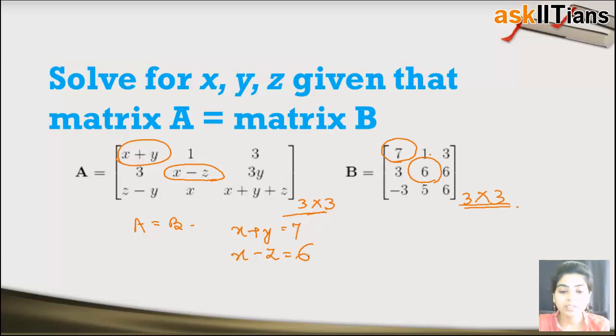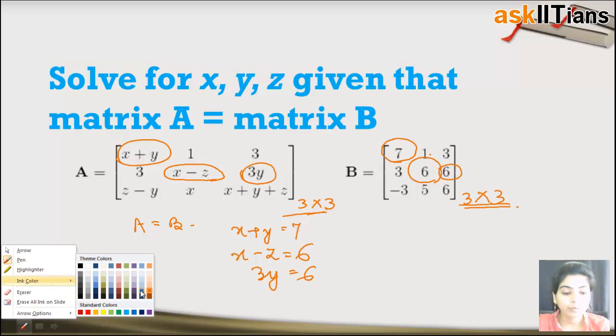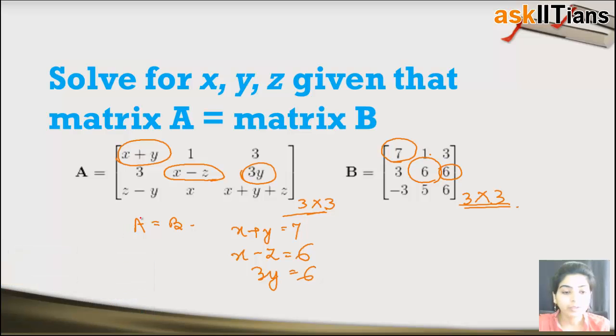So x minus z would be equal to 6. 3y is equal to again 6. Okay, so we can find other values as well. Now z minus y is equal to minus 3, right?